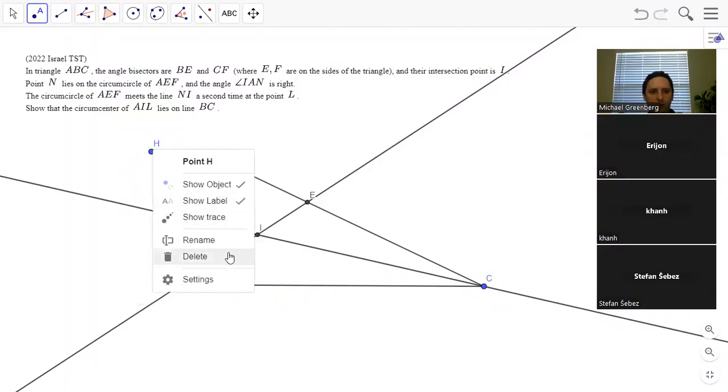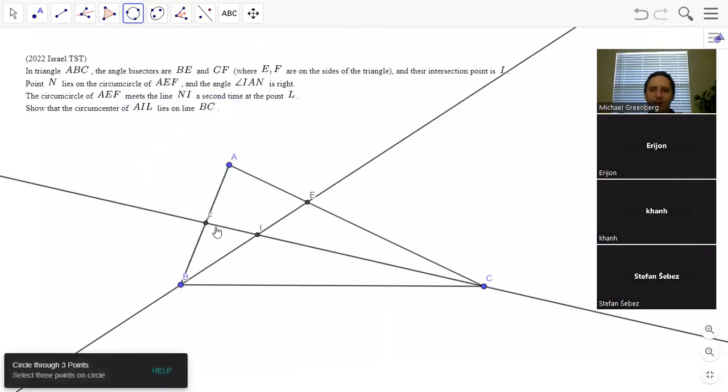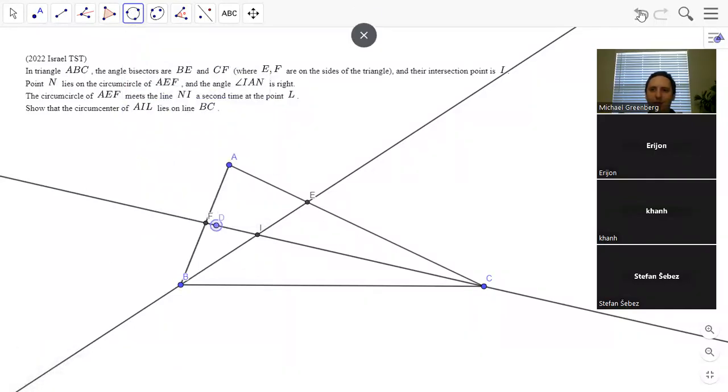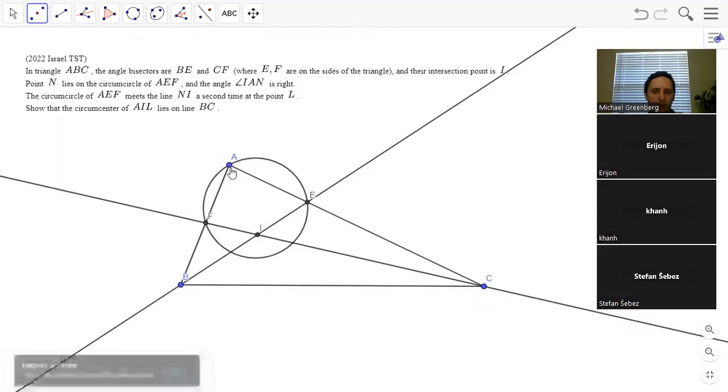Oh, this actually looks, I remember doing one problem once with the circumcircle of AEF. I think Anmol, forgot who gave me this problem, but it has the circumcircle of AEF. So angle IAN is right. Okay, so let's draw the circle with diameter.